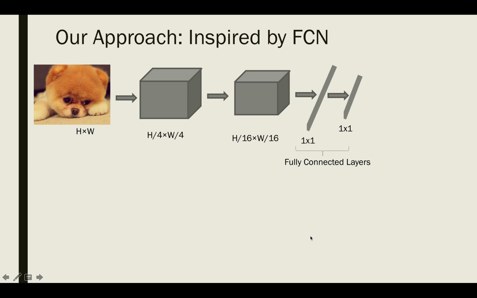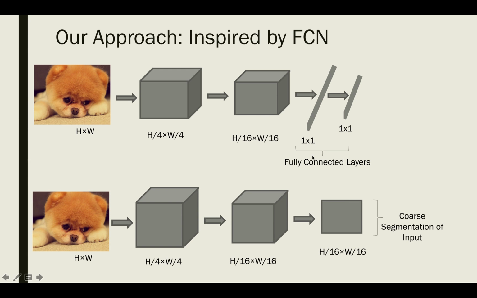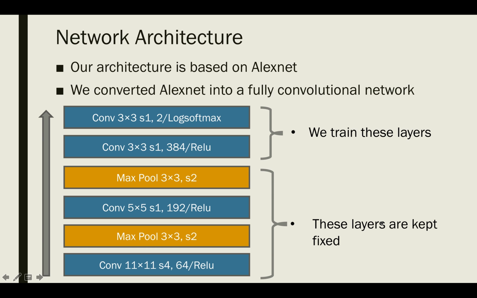To briefly explain, a convolutional network has convolutional layers after the input image, and then fully connected layers at the end. However, in a fully convolutional network, all of the layers are convolutional, and at the end you have a coarse segmentation of the input image or video. That's what we want, and that's what we shall do.